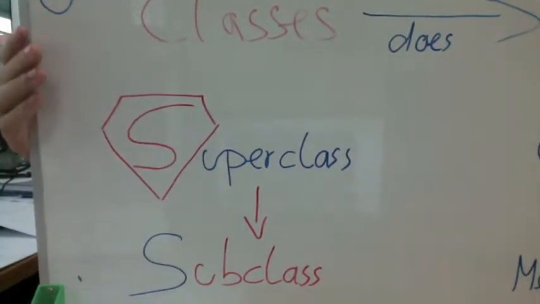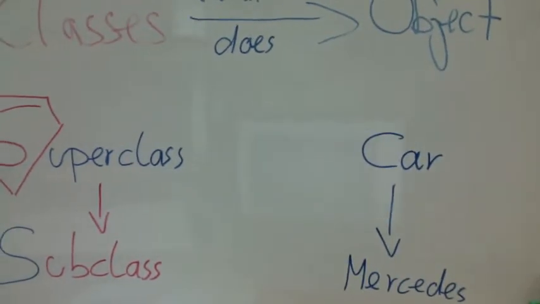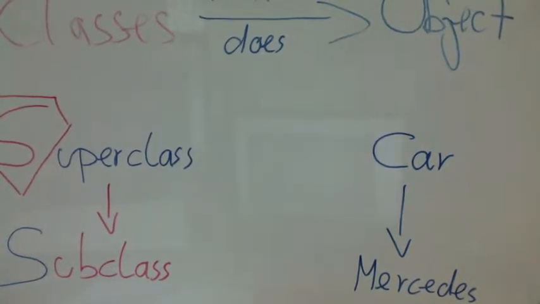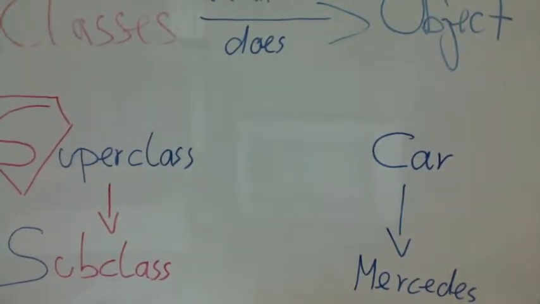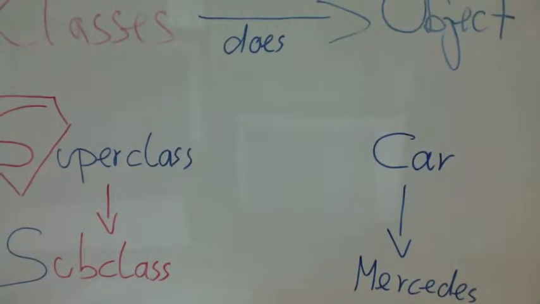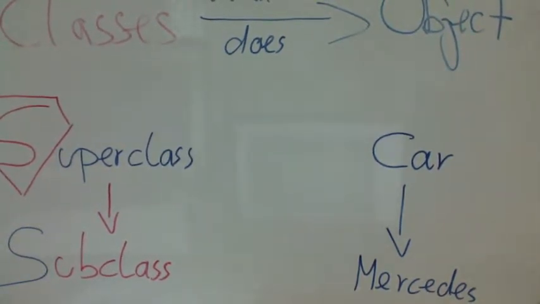I think it's the easiest to see on an example. The superclass is quite general. It describes something in general, like the car. And the subclass then goes more into detail, like in this case, the Mercedes. The car, the general description, and then the Mercedes, very specific, very precise. That's the difference between superclass and subclass.